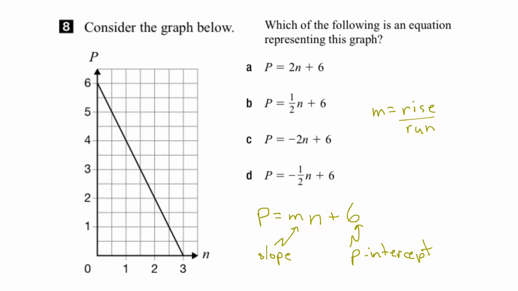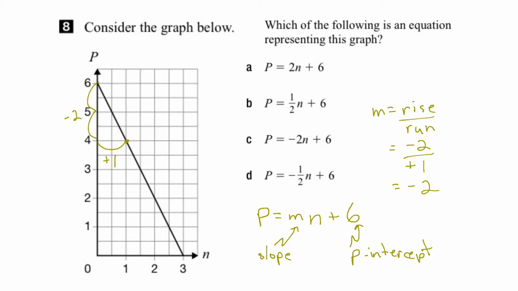If I went down 2 units, say, to 4, then the rise in this case would be minus 2 units. So here we go, down 1, down 2, rise of minus 2. The run would be to get from 4 to the graph. In this case, it's positive 1 unit as the run. So if I work this out, negative 2 divided by positive 1 is equal to negative 2.